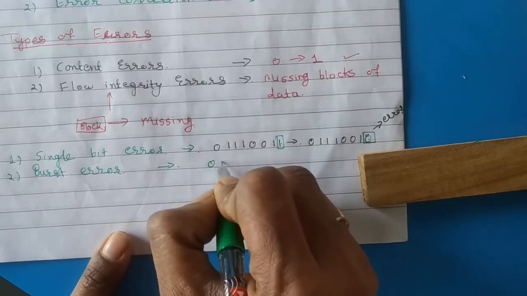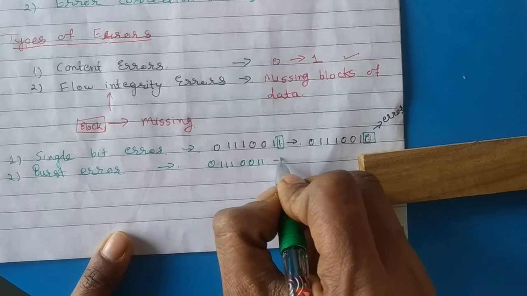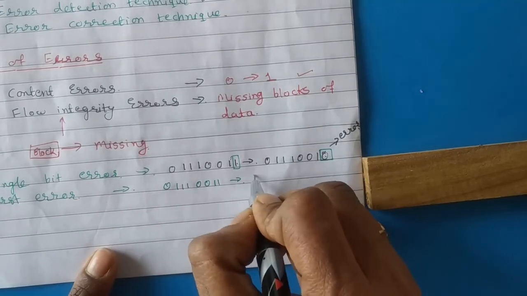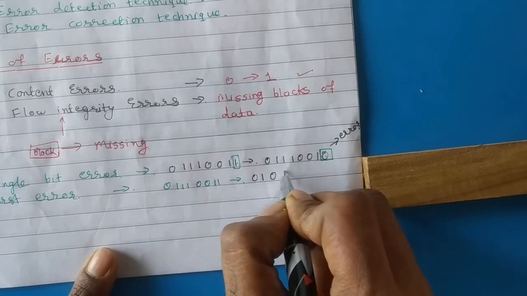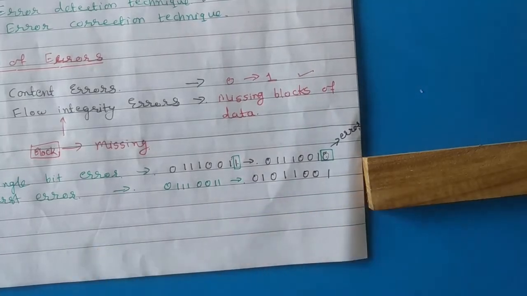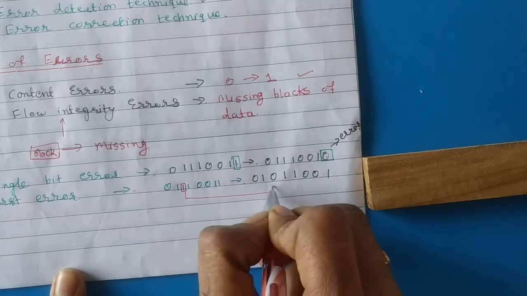So if 0 1 1 1 0 1 1 is transmitted, it may be received as 0 1 0 1 1 0 0 1. So here we have transmitted this 1 which is received as 0 here.